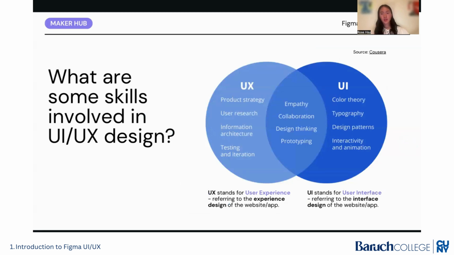So let's look at this diagram in order to look at some skills that are involved in UI UX. I like this figure a lot because it shows us what the different focuses of UX and UI are, but also what the overlapping in skills and processes look like. So UX is a focus on product strategy, user research, information architecture, testing, and iteration. Basically, UX is the focus on what your app is, what it's providing, what are the different features, and what is the user doing or experiencing when they use your app or website.